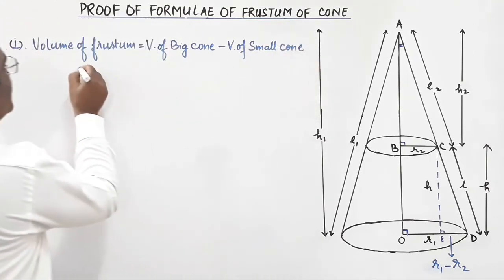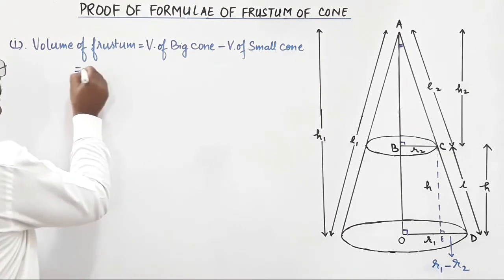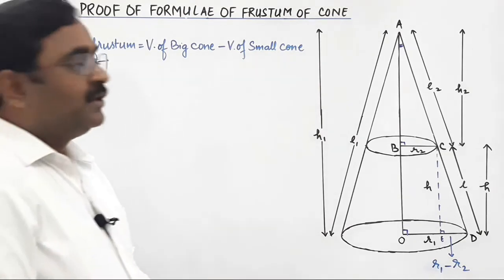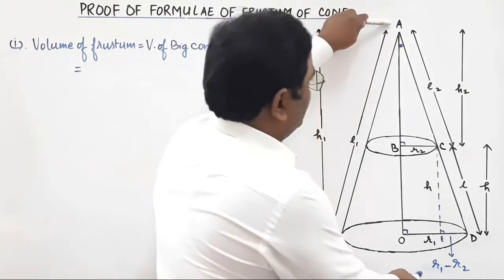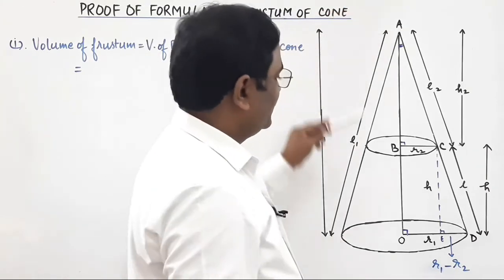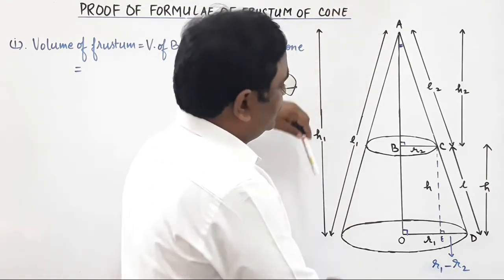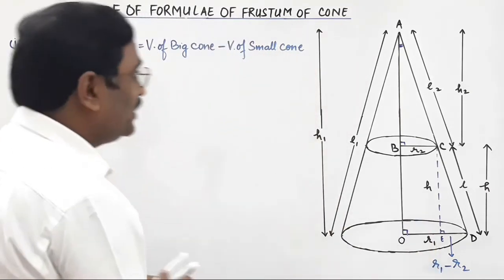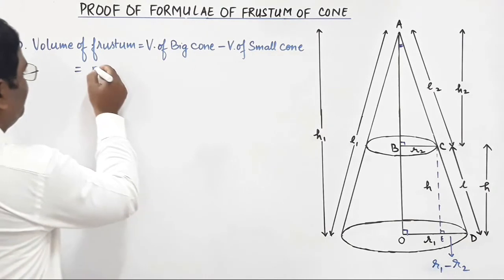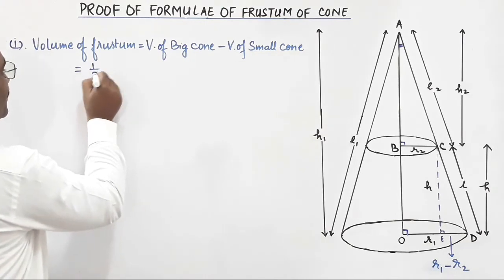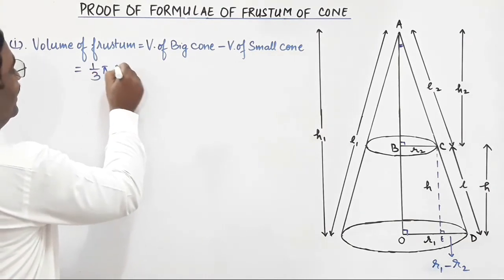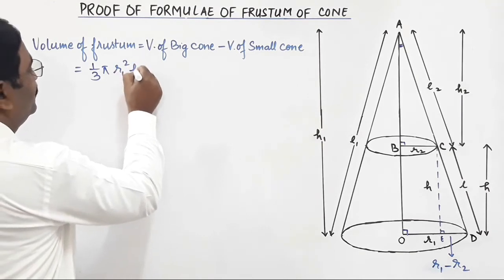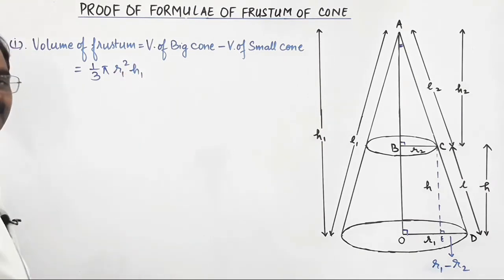Right friends? Now let us start proving the volume of the frustum. Volume of big cone: this is the big cone, its height is H1, slant height is L1 and its radius is R1. So the formula is 1/3 pi R1 square into H1. This is the formula.